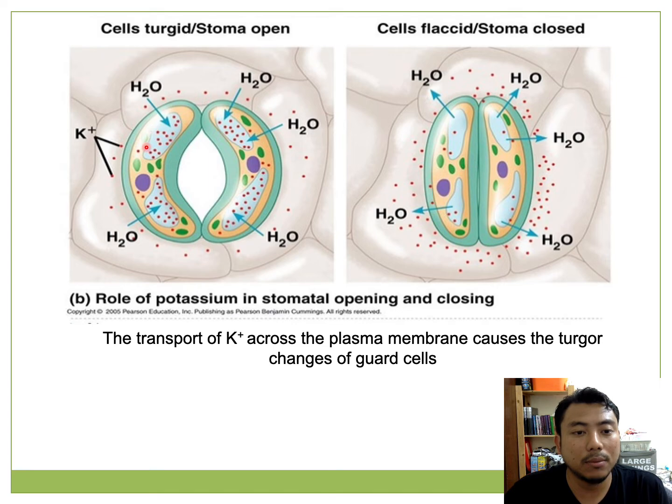Disebabkan itulah dia akan membengkok, dia akan curve outwards, and stomata will open. Okay, so in this case, when you have the potassium ion move into the subsidiary cell, you also have the water diffuse out by osmosis. Okay, so then the guard cells become flaccid, mana dia kempis sahaja.